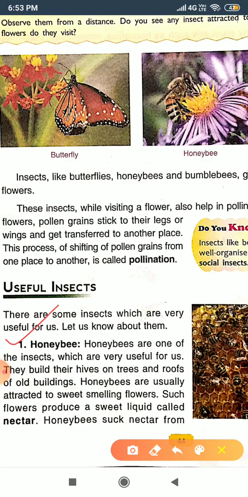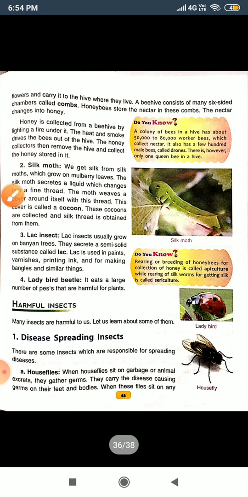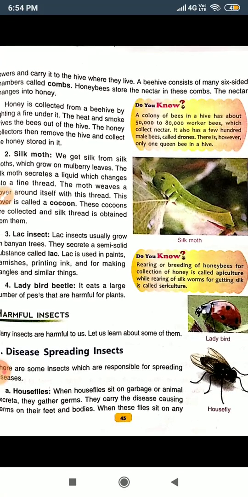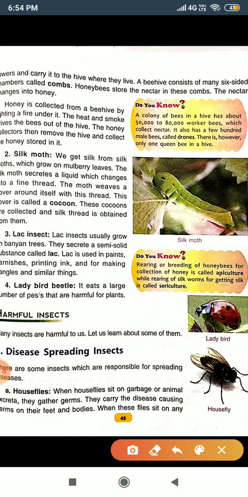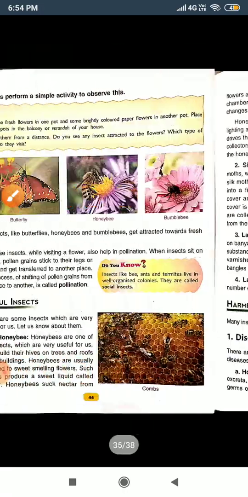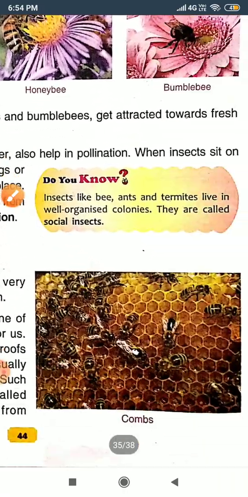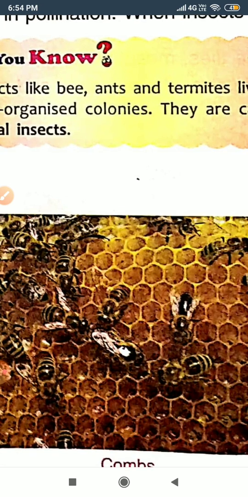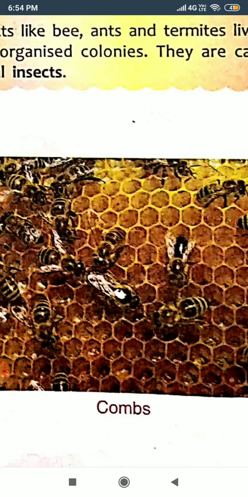Okay. And now you will ask, ma'am, what is the hive? See this. A beehive consists of many six-sided chambers. I think you all have seen the beehive. Okay, not seen? Oh, see this. This is the beehive, with six-sided chambers.